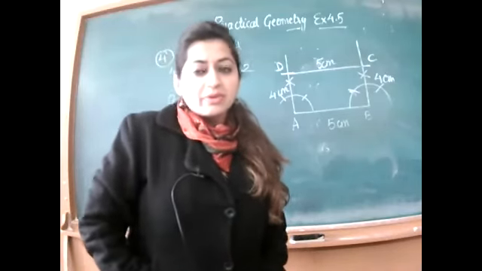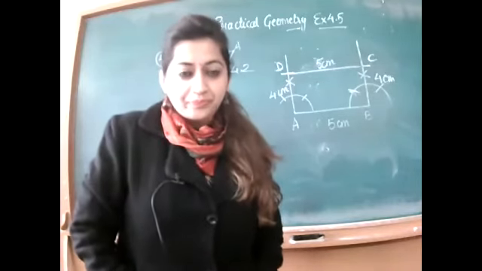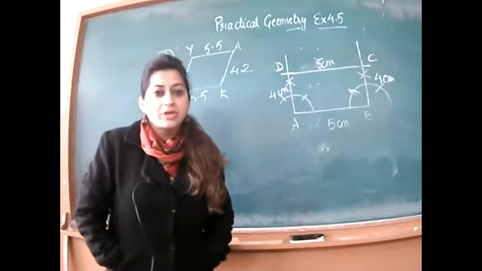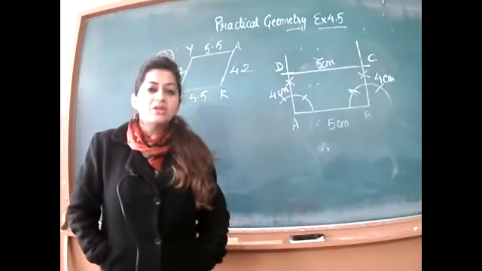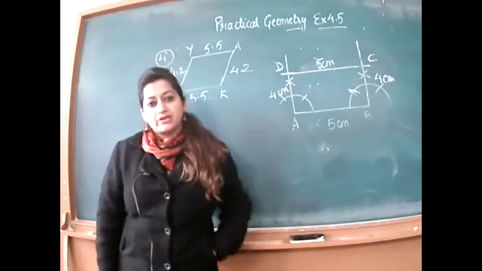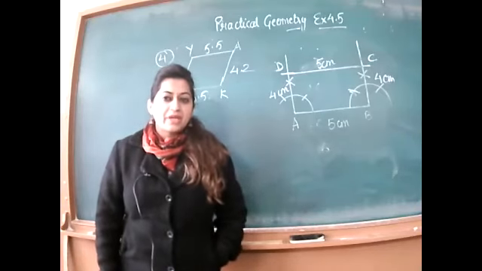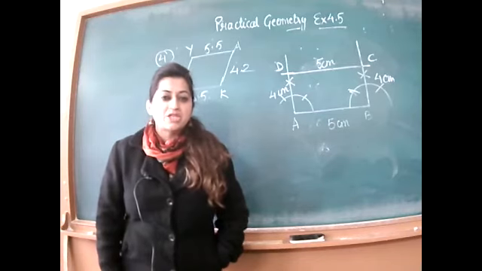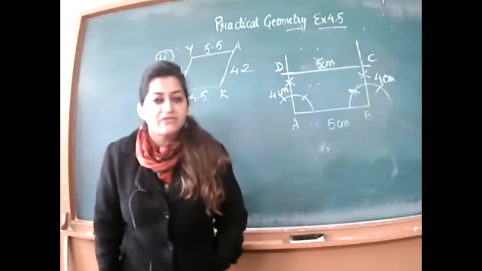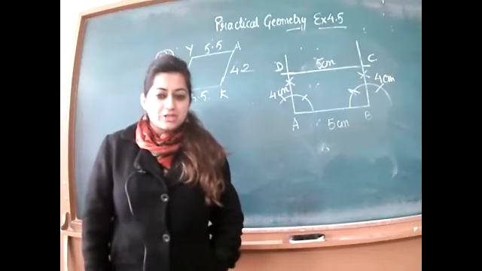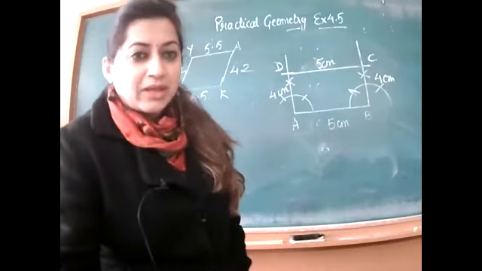It is not possible to draw this parallelogram because for the construction of a quadrilateral, we require at least 5 measurements. Okay? So it's not possible to construct this parallelogram.